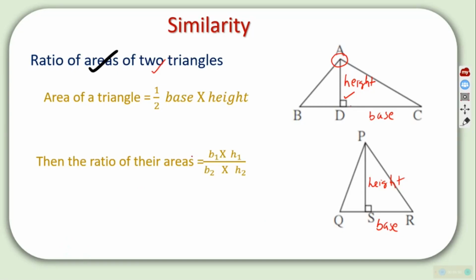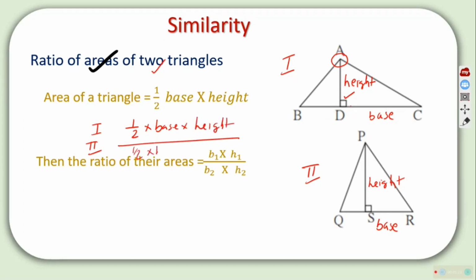In that case, we will write actually triangle 1, triangle 2, and if I compare that of 1 with that of 2, I will write that first one is half into base into height, upon the other one half into base into height. ऐसा लिखना पड़ेगा ना?